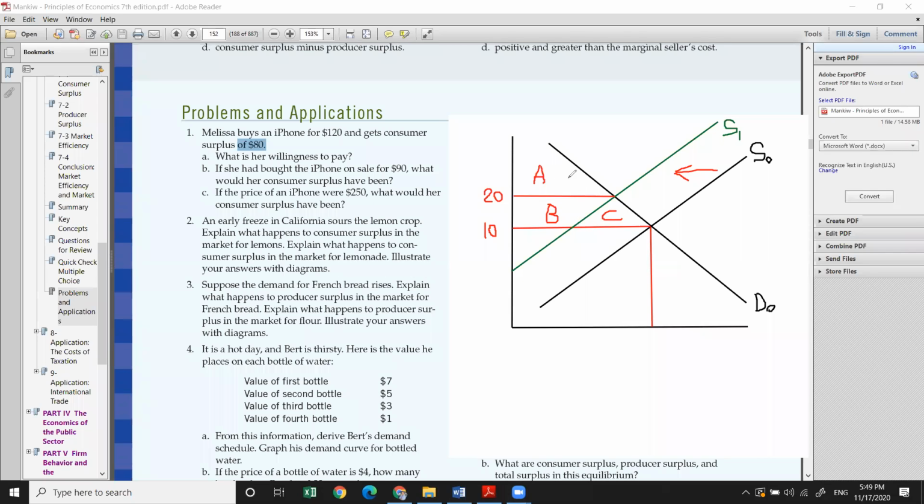These regions describe the consumer surplus. So the consumer surplus will decline by this amount, A, B, C. So this is the total consumer surplus.